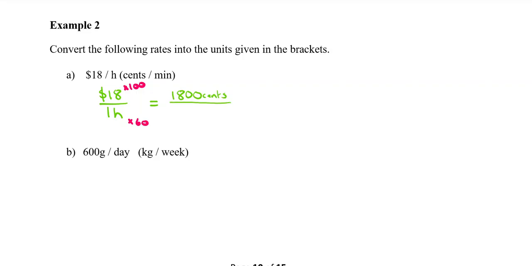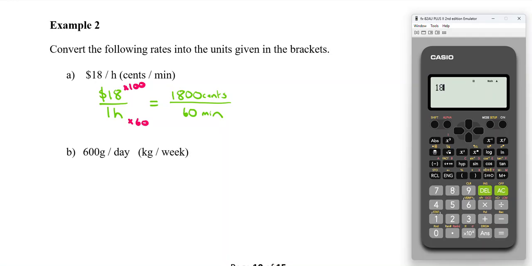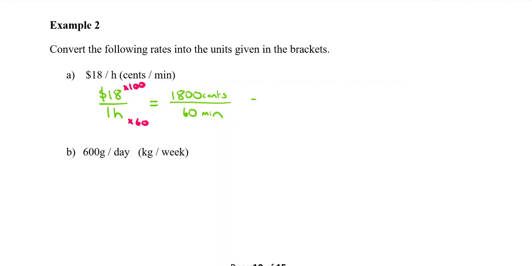And on the bottom, 1 times 60 is 60, and that will be now in minutes. So I've changed the units into the ones that I want. Now I divide the numbers. 1800 over 60 is 30 cents per minute.